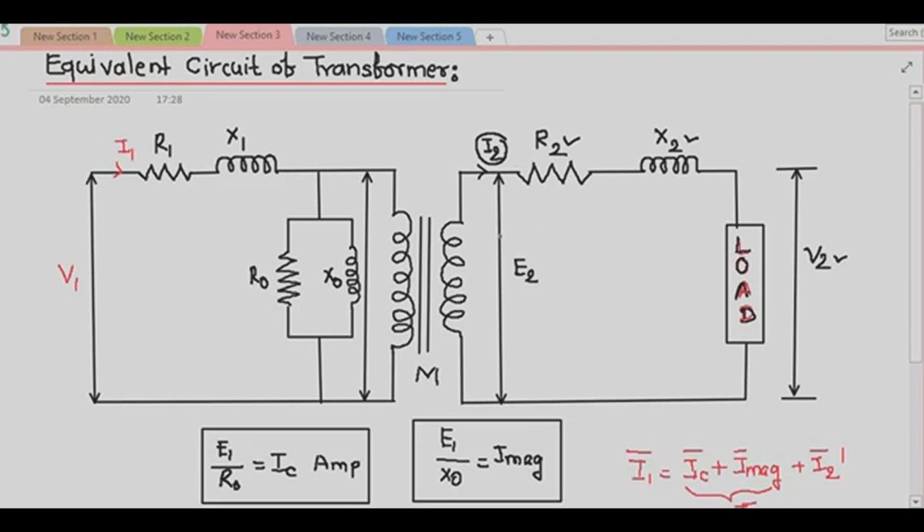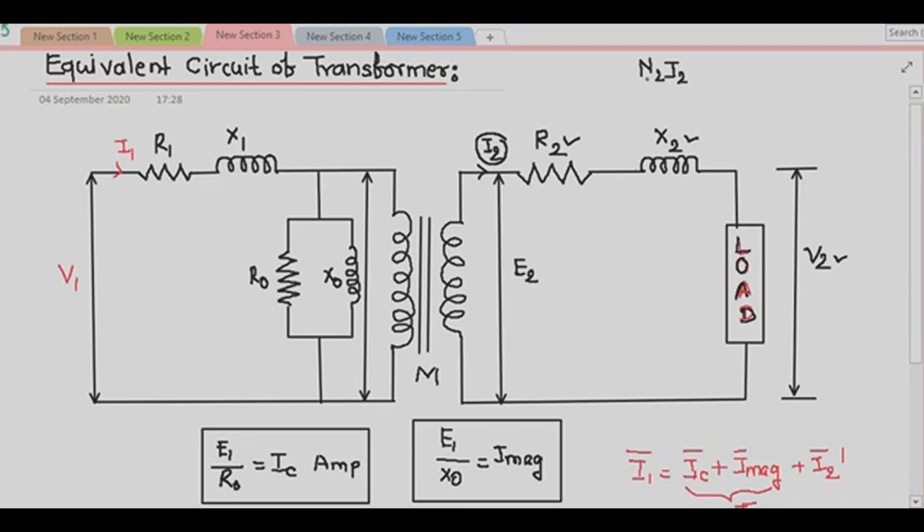So, to neutralize the magnetizing effect of the secondary current I2, we have seen in the last lecture that this I2 will produce the MMF N2 into I2.